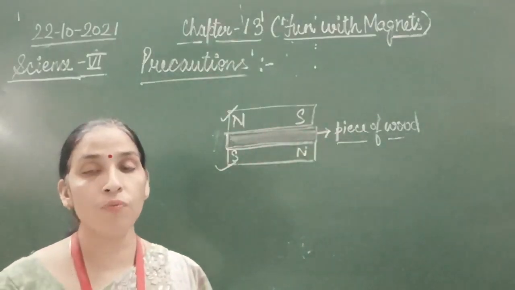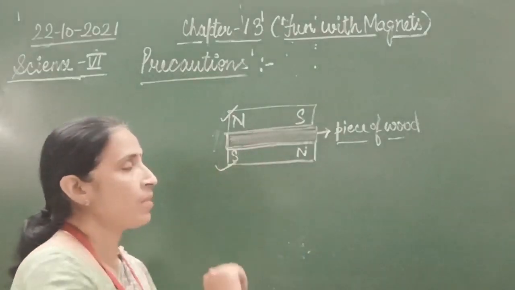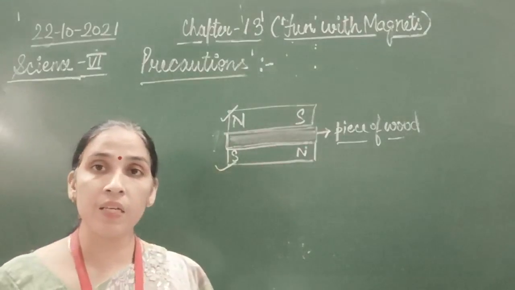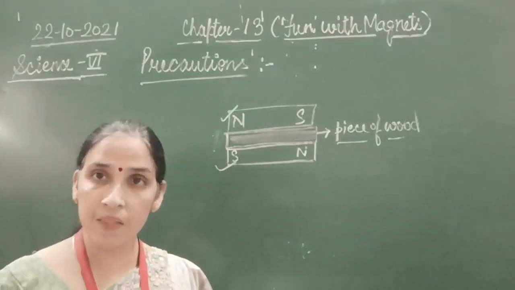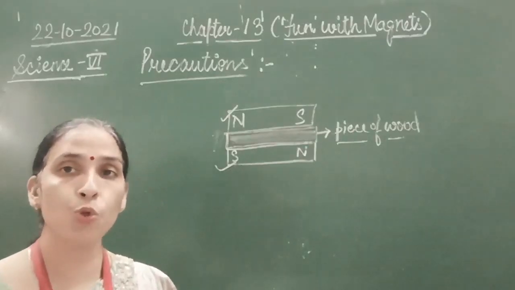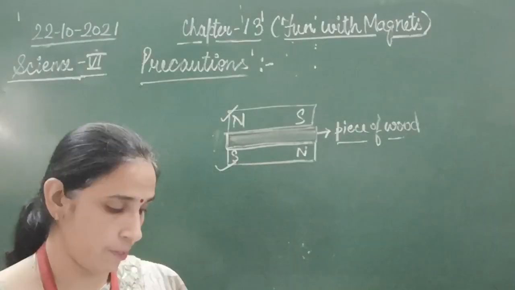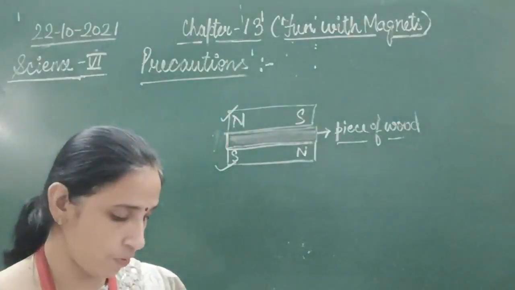It separates these two bar magnets. If the two bar magnets stick to each other, then with the passage of time they become weaker. So we differentiate them with a piece of wood.